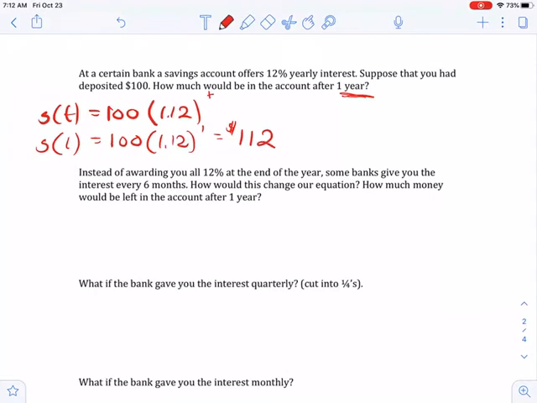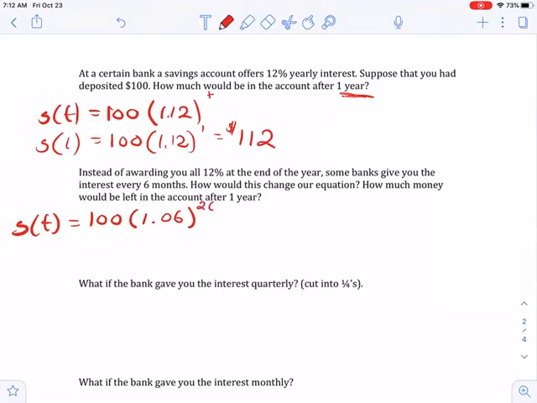A different option that the bank has available to you is, instead of giving you that 12% at the end of the year, they can say, let's give you a piece of it over the course of the first 6 months, and then the other piece during the second 6 months. So how is this going to change our equation? I'm still starting with the same amount, but the interest that I'm going to be awarded here is 1.06.